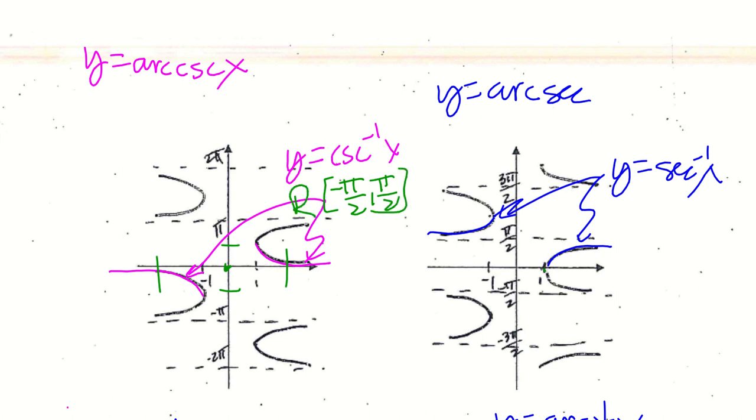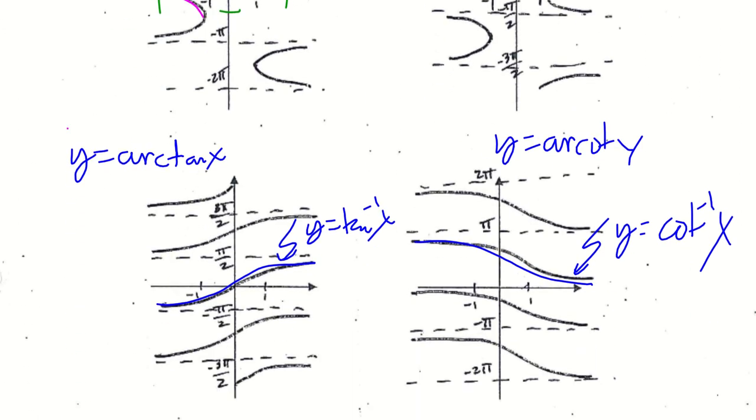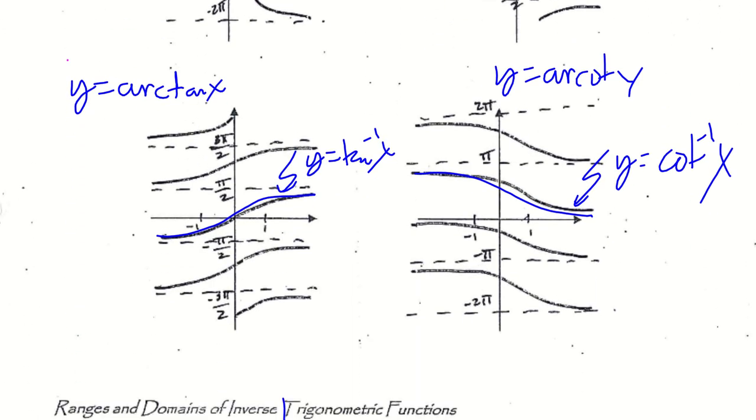That the arcsecant is going between 0 and pi, so its range is between 0 and pi. That the arctangent, right, or the inverse tangent, has a range from negative pi over 2 to pi over 2. And the inverse cotangent has a range between 0 and pi.